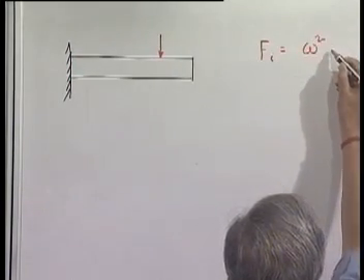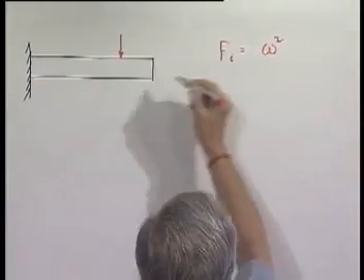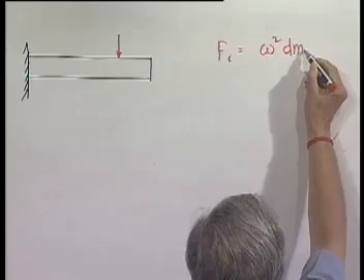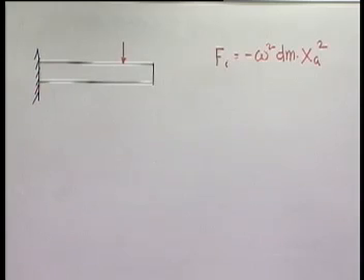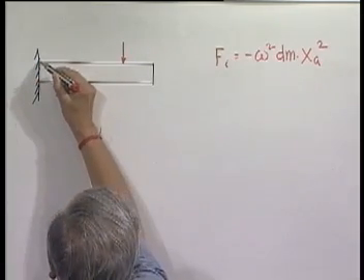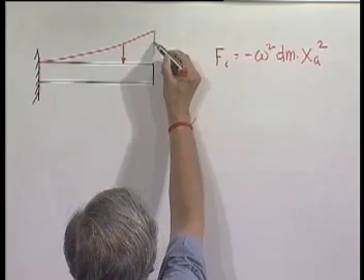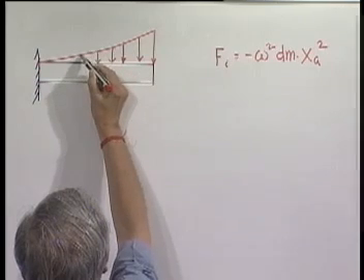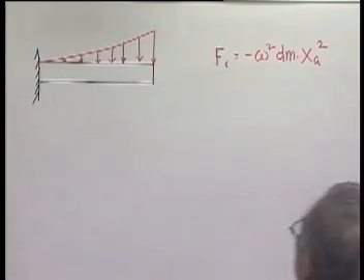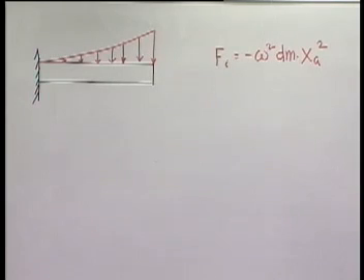omega square, and the element here will be the d mass dm into X_A. It will be a distributed one. This is the inertial loading. And what we will do, we will consider that this is the loading on the whole thing.